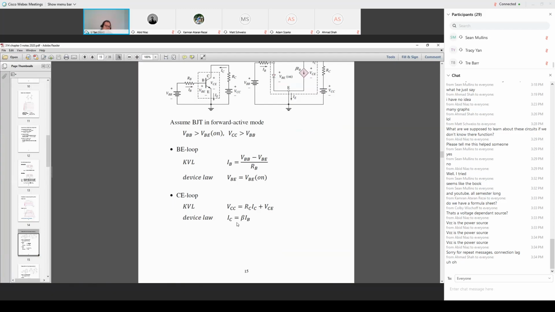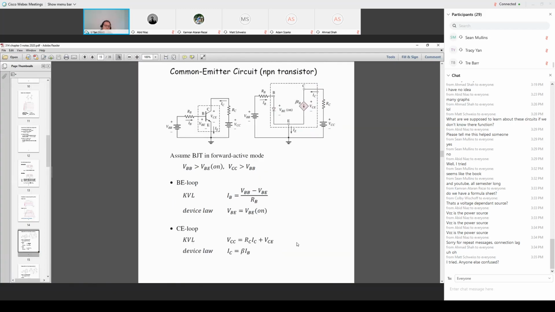The collector current is dependent on the base current by the coefficient of beta. So there's a dependency between collector current and base current. I'm just putting this dependency, this mathematical equation, into the circuit modeling, which is a dependent current source.